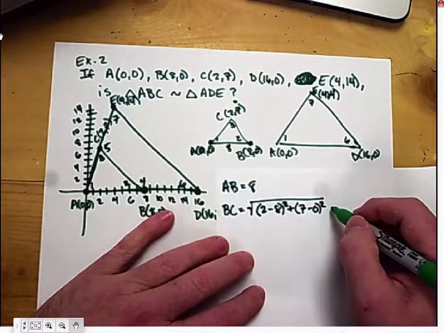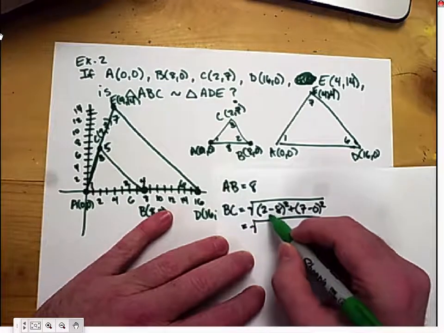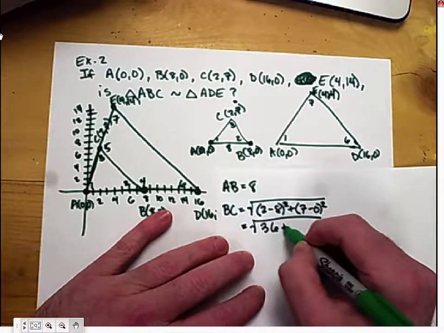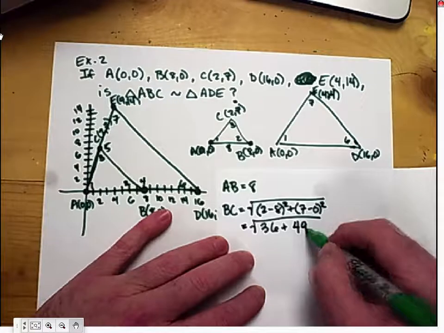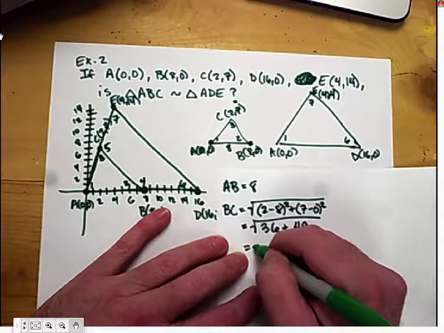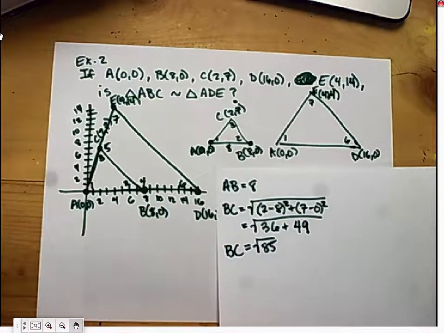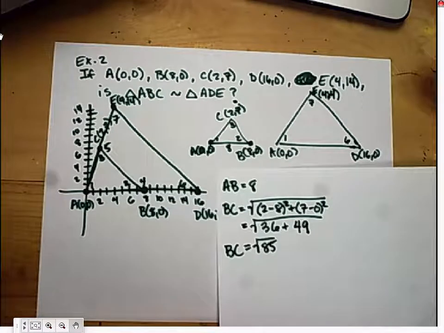So that is the square root of negative 6 squared is 36, plus 7 squared is 49. So that is the square root of 85. Now 85 is 5 times 13, so you couldn't take the square root of anything and bring it out. That's as simple as it gets. Okay?